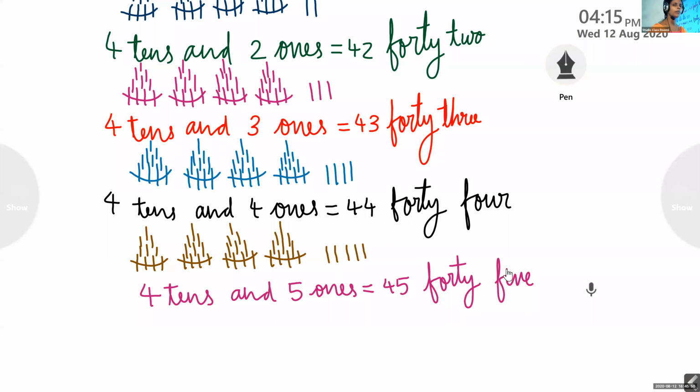So how many tens and how many ones in 46? 4 tens and 6 ones.